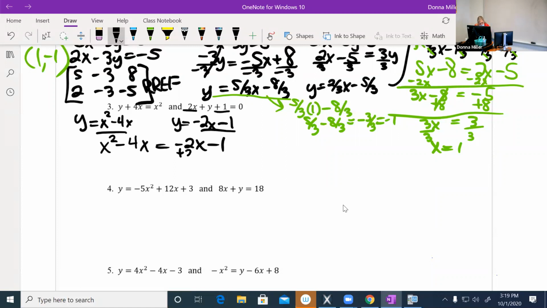I'm going to plus 2x, and then plus 1. So this side's 0. This side's x squared, -4 and 2 is -2x. Okay. And can we factor that?